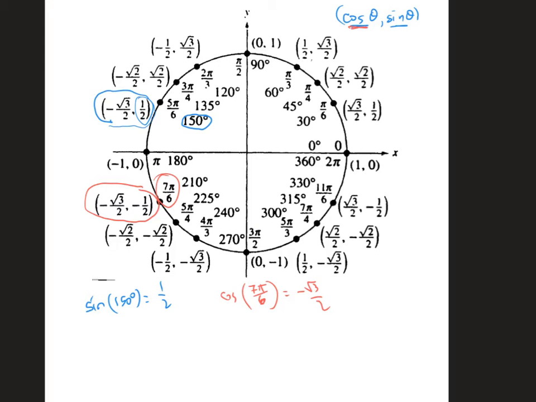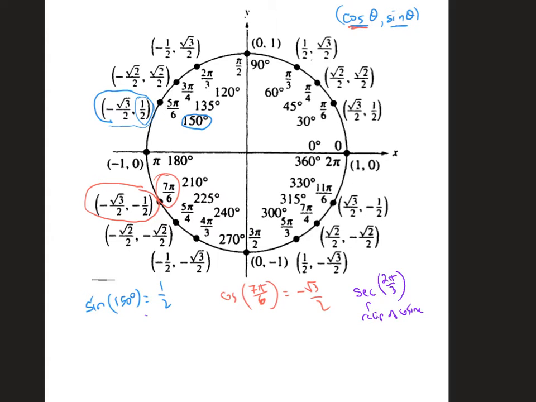So let's talk about one of the reciprocal ratios. Let me get a different color here. How about purple? So let's say I wanted to find the secant of 2 pi over 3. Now, in order to do this, you have to remember that secant is the reciprocal of cosine. So what I'm going to do is essentially what I did for the sine and the cosine. I'm going to locate the angle. This is in radians.